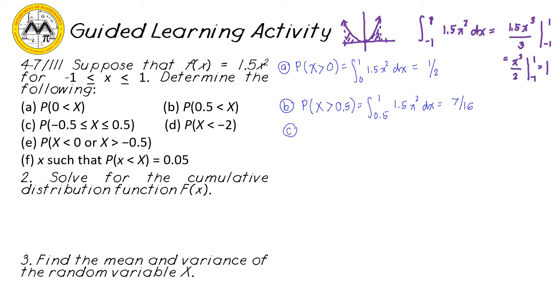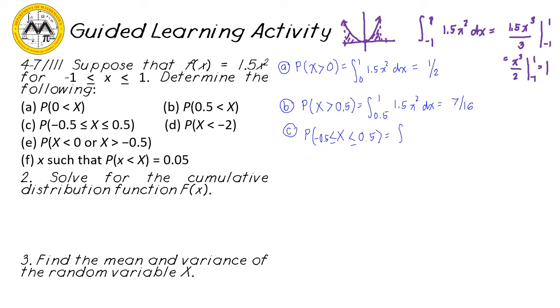For letter C, the probability that x is in between negative 0.5 and positive 0.5 inclusive is 1 over 8.